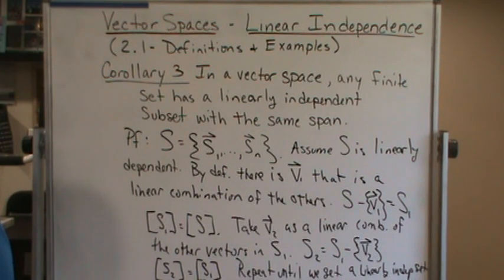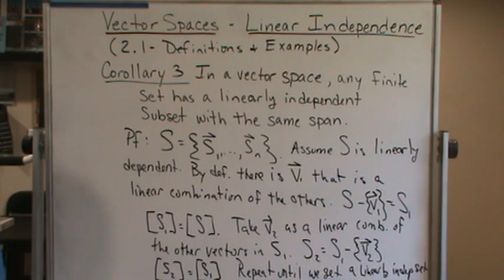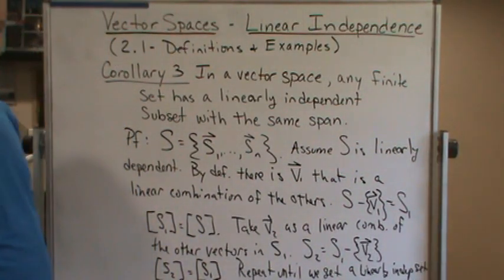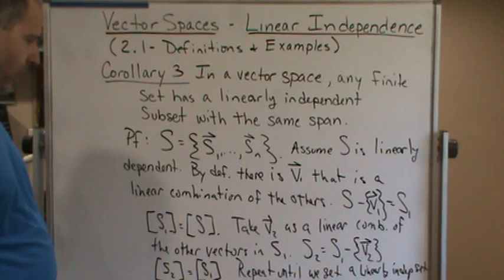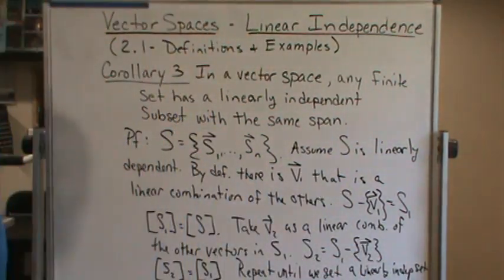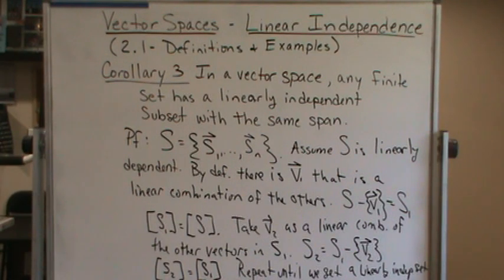Then we ask ourselves the same question. If S1 is linearly independent, then we're done. Otherwise, we take another vector, V2, from S1, because there has to exist one that's a linear combination of the others. If we define a new set S2 as S1 minus the singleton V2, then by corollary 2 again, the span of S2 is the same as the span of S1.